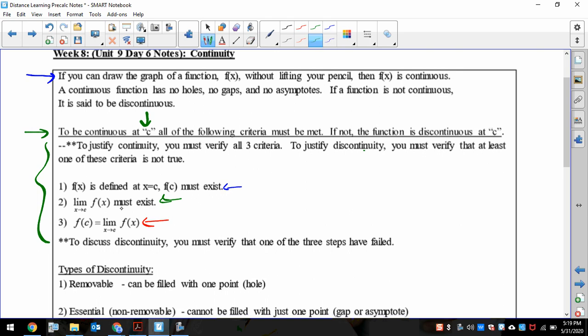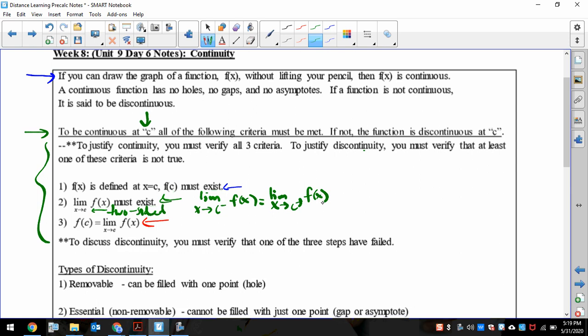The next condition is the limit must exist. To break this down further, in order for a 2-sided limit to exist, you have to have the left limit, the limit as x goes to c from the left of our function, equal to the limit as x goes to c from the right of the function. So the left-hand and right-hand limits must be equal.